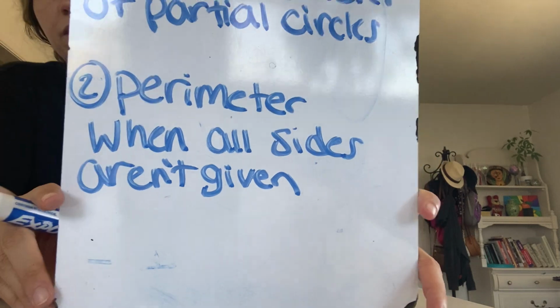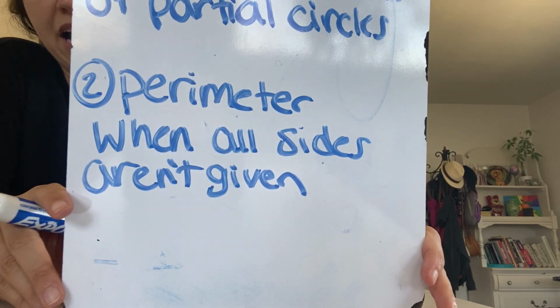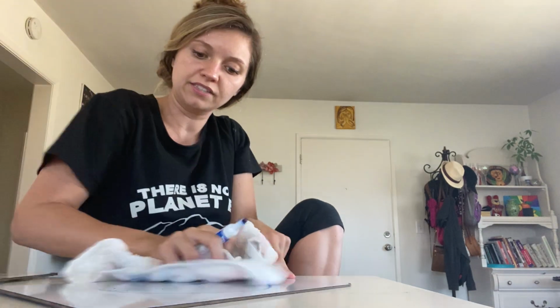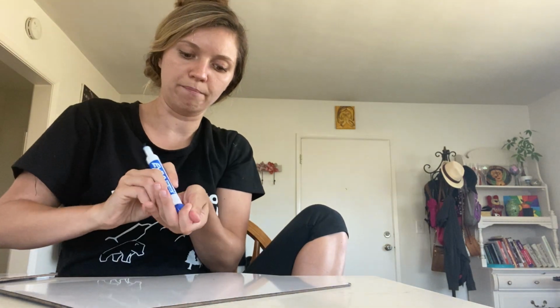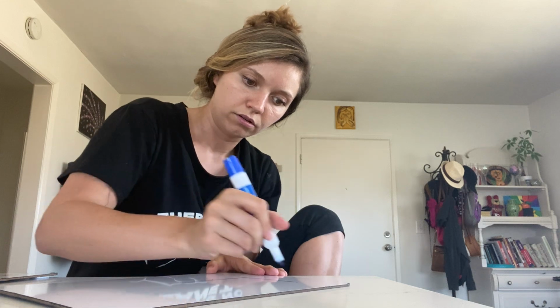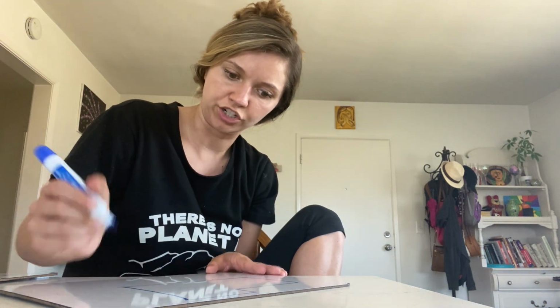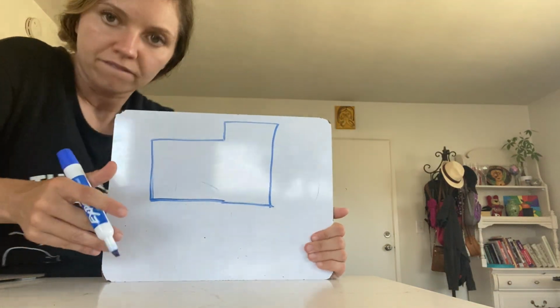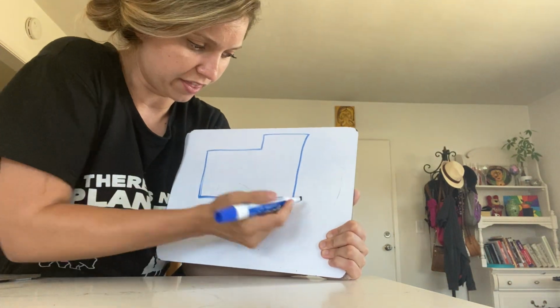Now let's go back to the second thing that people have been getting confused about. Perimeter when all sides aren't given. Okay? So, sometimes you'll be given a compound shape. Let's say this is our shape. And let's say we're just trying to find the perimeter of that shape.